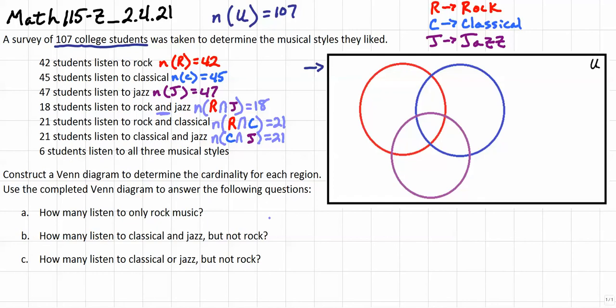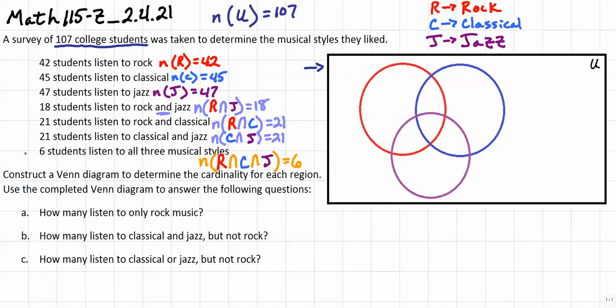That's the intersection of all three sets. So we would write it as n of the intersection of rock, classical, and jazz. Now that we've established these cardinalities, we're going to begin to fill in our Venn diagram.